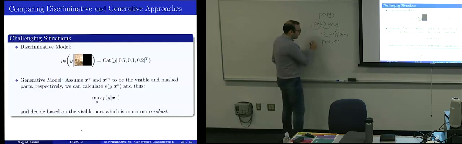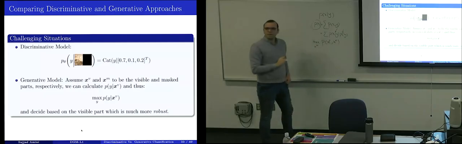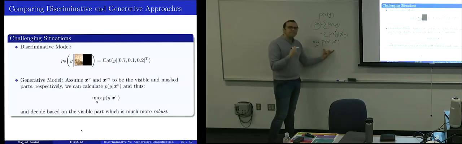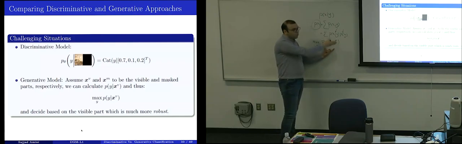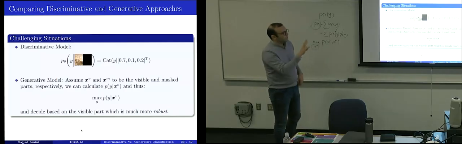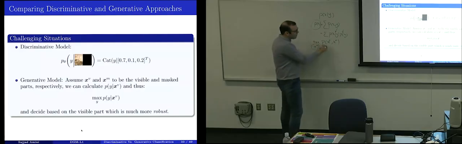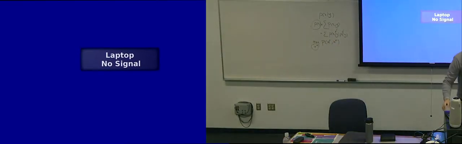So if I maximize this distribution over the masked part, assuming that this distribution gives me the ability to do this optimization, I am asking which image in the masked part can better lie on my model, which masking is better to fill the image.